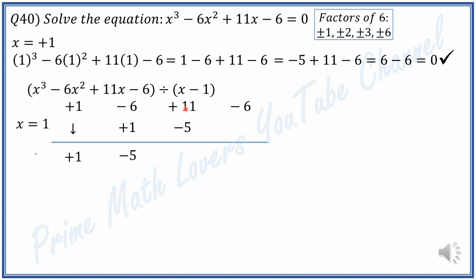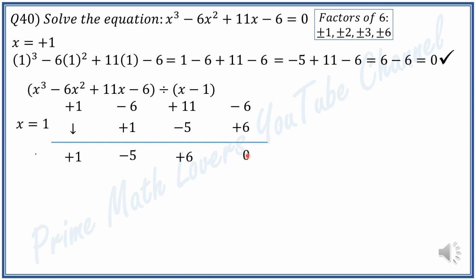Add the third coefficient, 11, to negative 5, and we get positive 6. Positive 6 times 1 is positive 6, write it here, and add the fourth coefficient, negative 6, to positive 6, and we get 0.